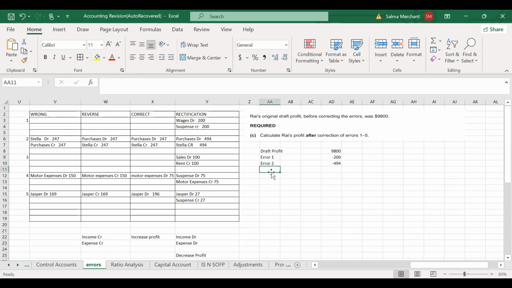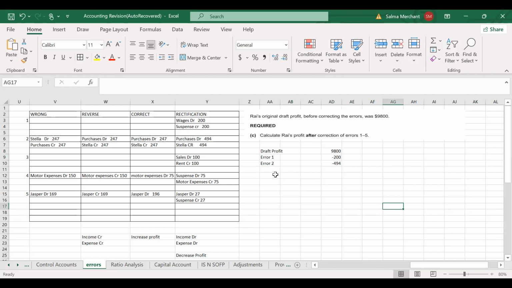If you don't understand like that, write error 3. Income debit means it is going to decrease your profit. Expense credit means it is going to increase your profit. So 200 minus, 200 plus, no effect.